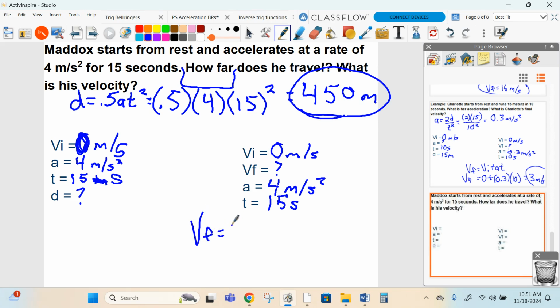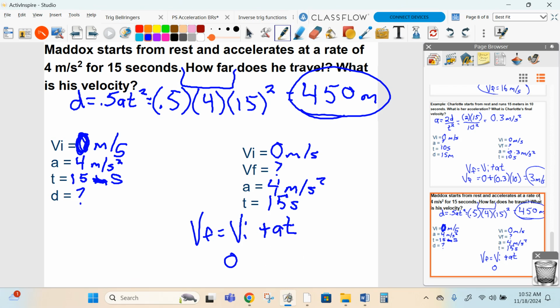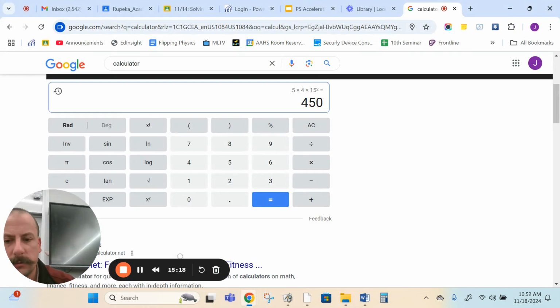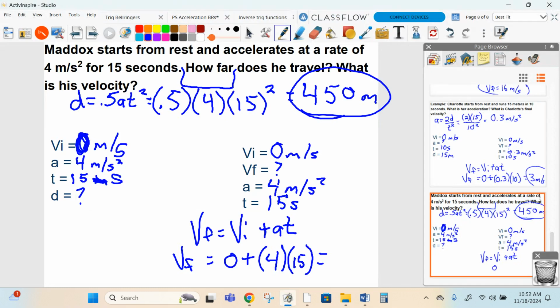VF equals VI plus AT. 0 plus A, which is 4, and the time, which is 15. Oh, that is terrible handwriting. Sorry, guys. And the final velocity, 4 times 15, is going to give me a final velocity of 60 meters per second.